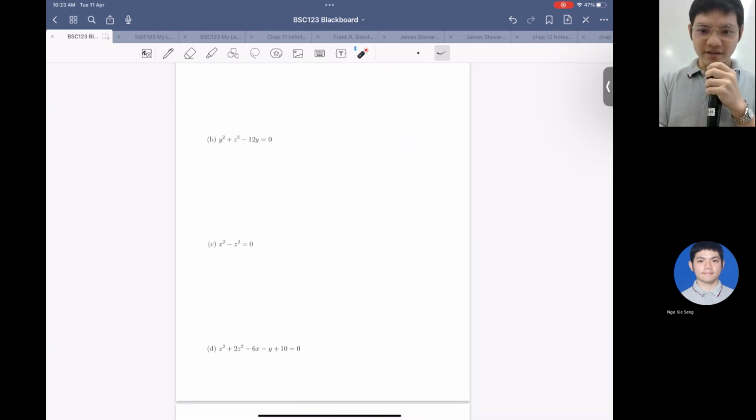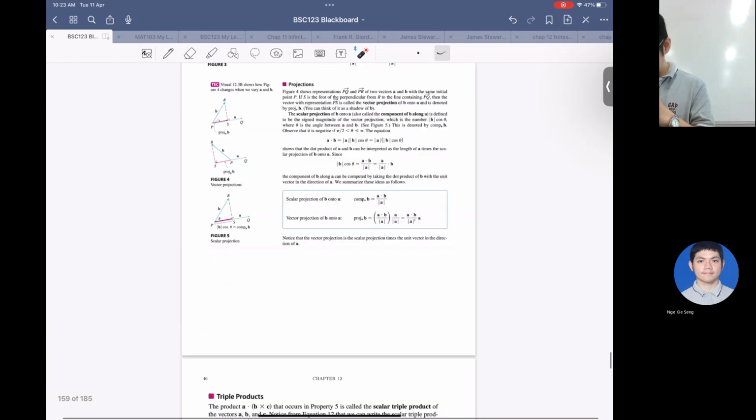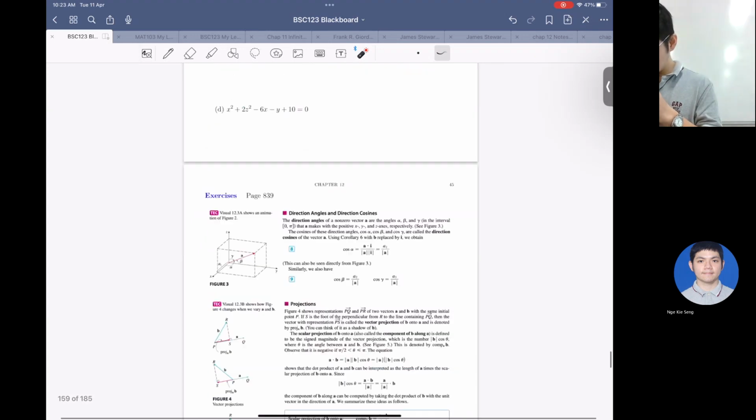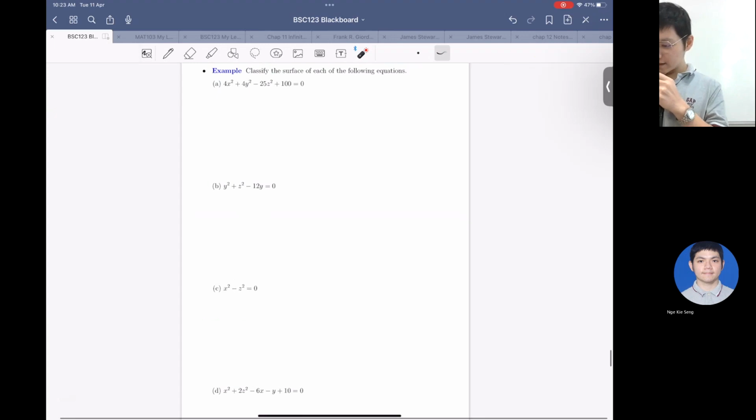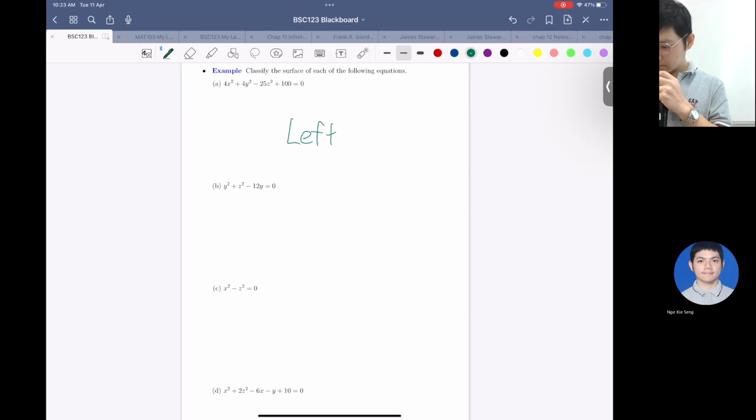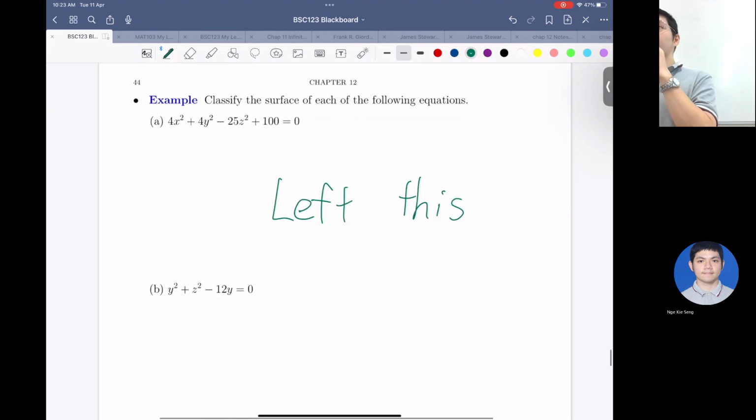Okay, let me see what else we want to do. Okay, we won't do these two. And then classify the following equations. So maybe I just leave this. Okay, first of all, do you know how to classify the equation?